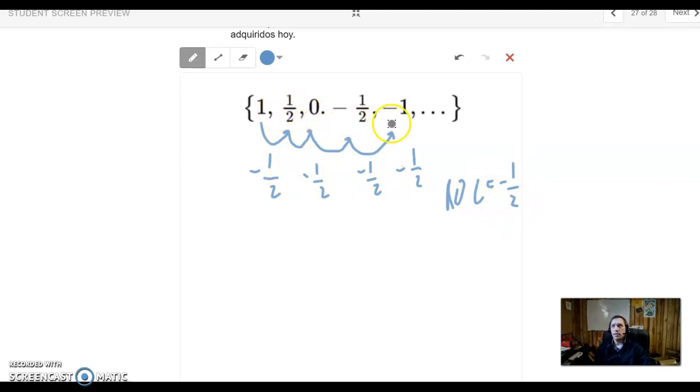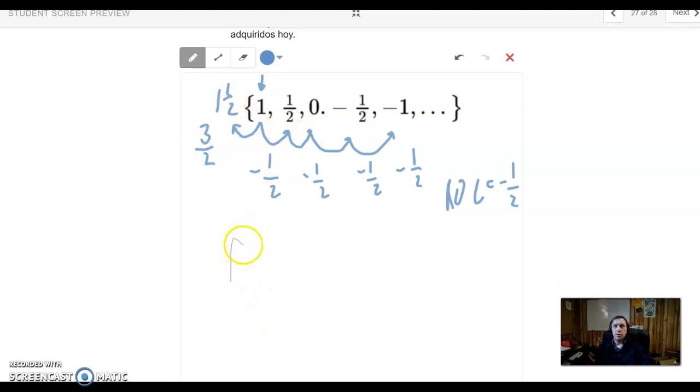Let's see where else we can go. Now I need my initial location. Since this is a sequence, we have our first term. We need to go back one more for our initial value, so this is our t equals 1. What is our initial value? That's going to be 1 1/2 or 3/2. You can write it either way.